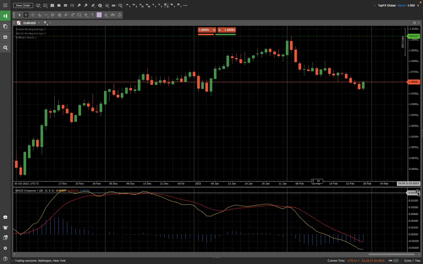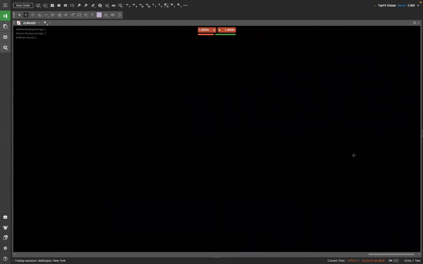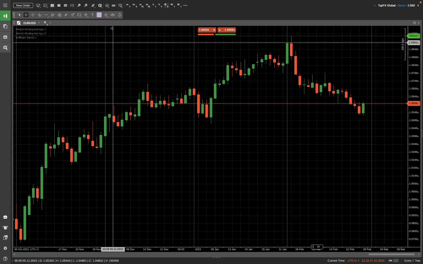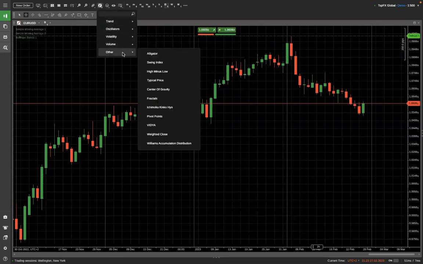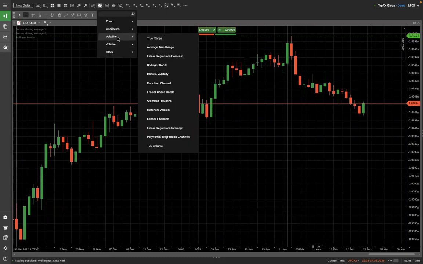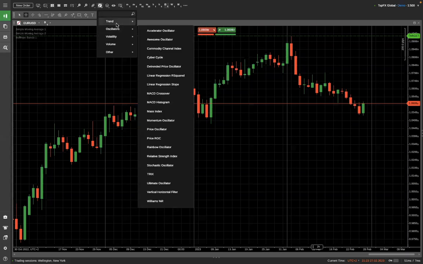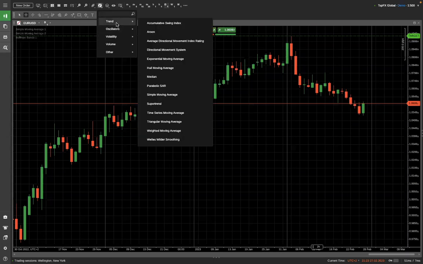Okay, so that was the MACD, and the other one that I would like to show you, let me find it in this menu, because I don't want to make any mistakes. You can see clearly that this indicator is the relative strength index, and I think it will be either in trend or oscillators.